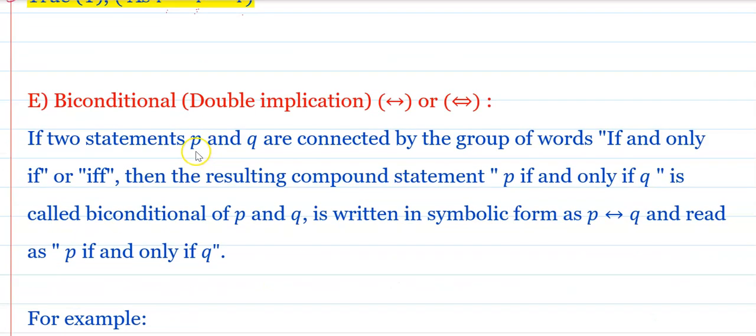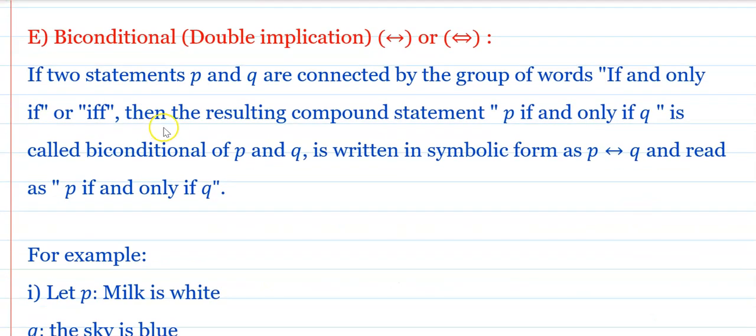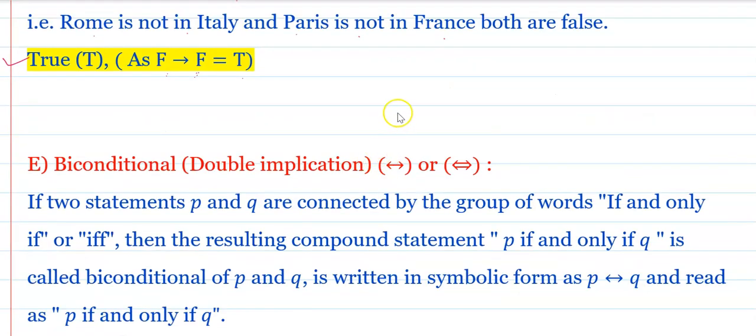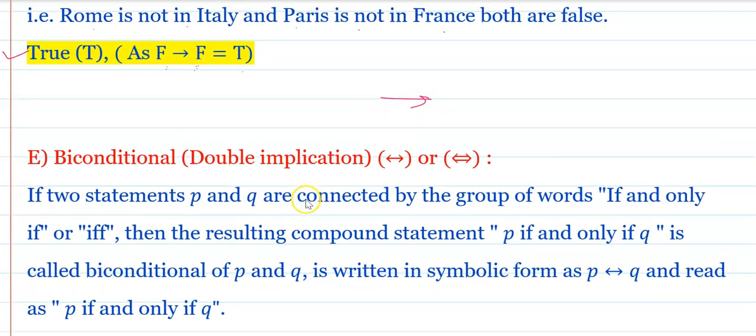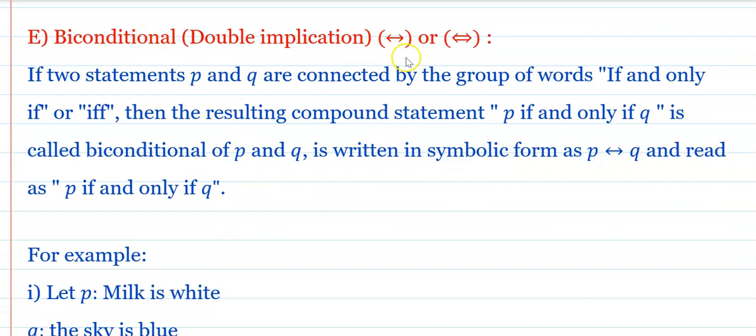Okay. Next, biconditional statement. Now, we have learned the conditional statement, which was the single implication. Now, here is the double implication. Okay, that is called the biconditional.